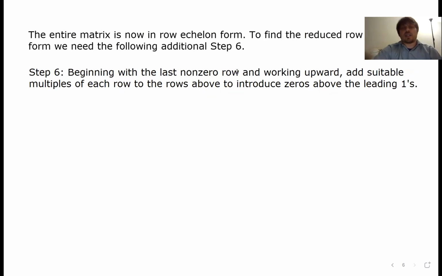Beginning with the last non-zero row and working upward, add suitable multiples of each row to the rows above to introduce zeros above the leading ones. Okay, so up until this point, we were working from up to down. Now in step 6, only step 6, we're going to work from down to up. Okay, so good.